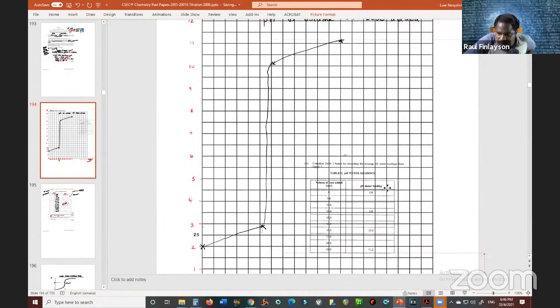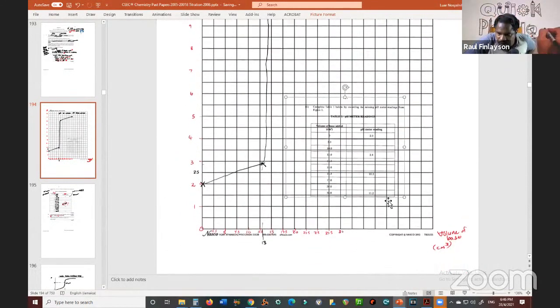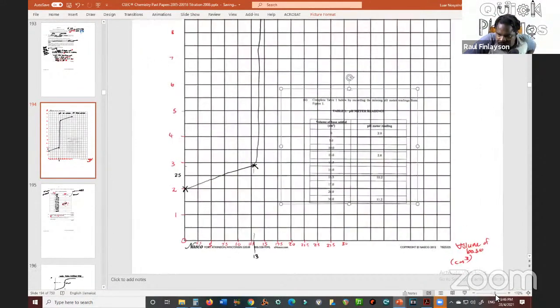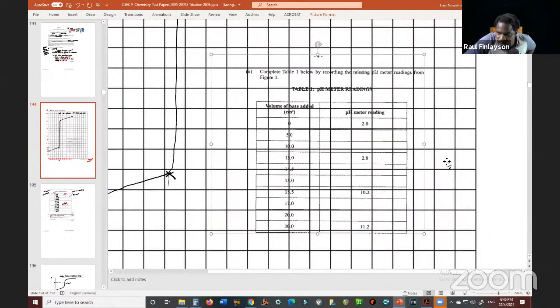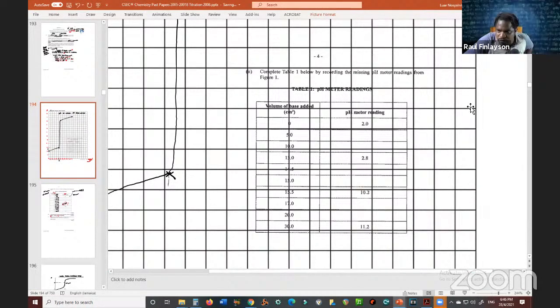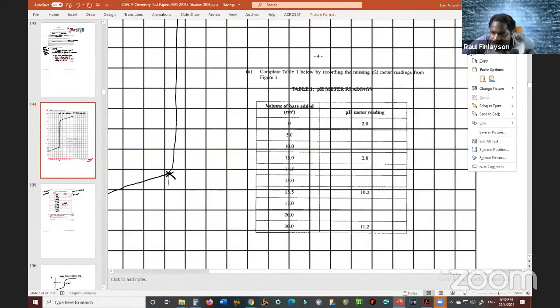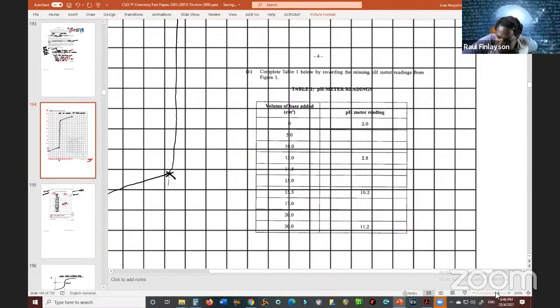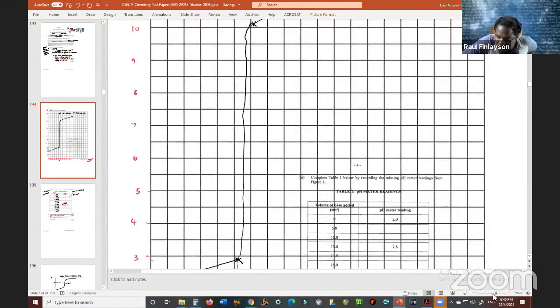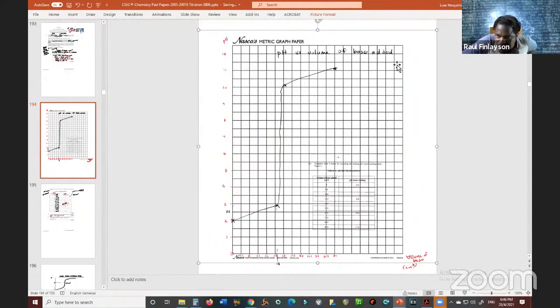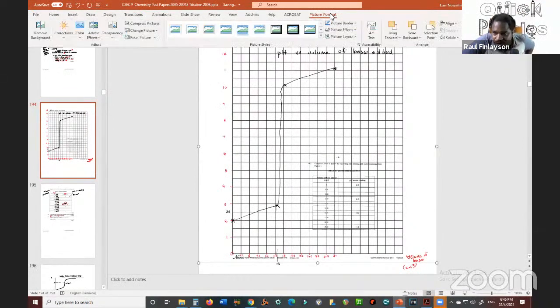So probably carry it down some more and zoom in. And maybe this graph is in the way. Could I change the color of this thing? Hold on there. Oh, yeah, I'll change the color. Let's see if it gives me some picture format.